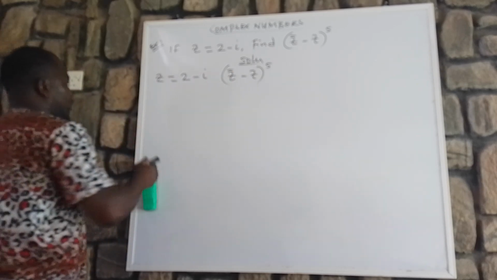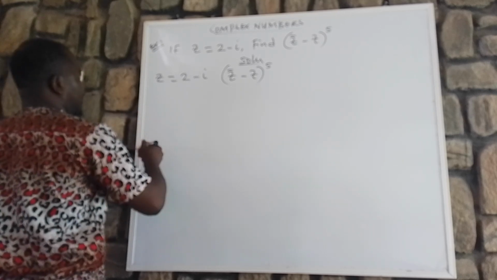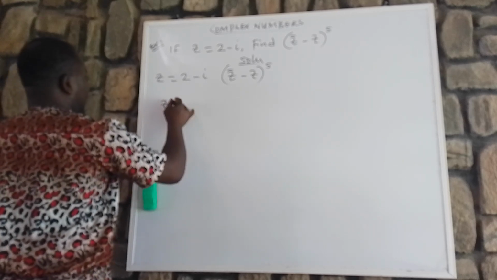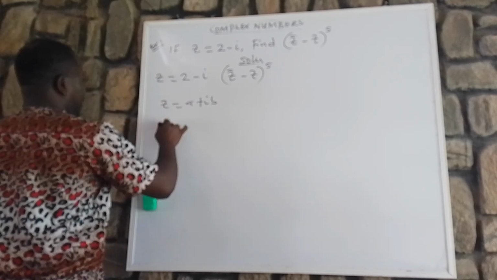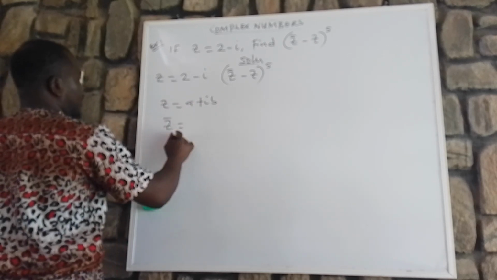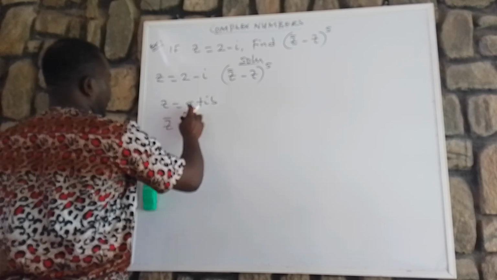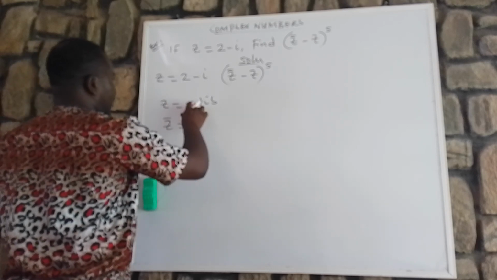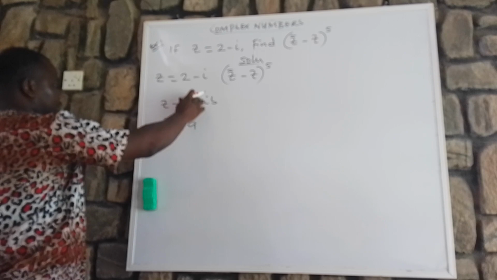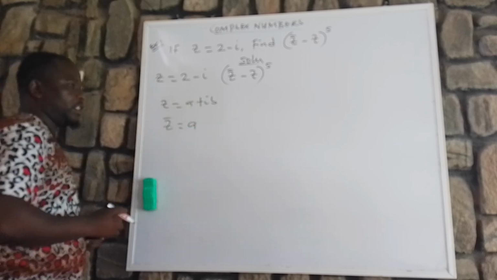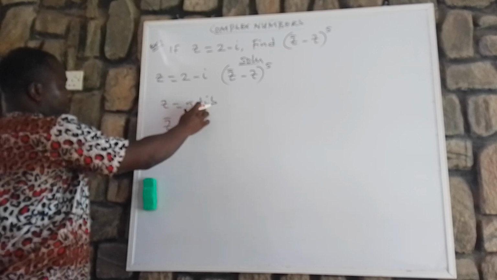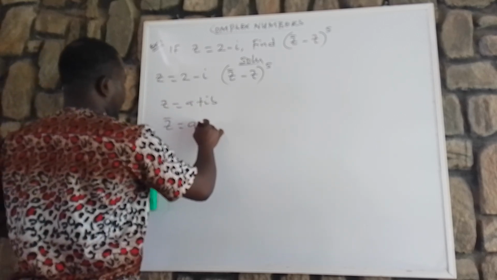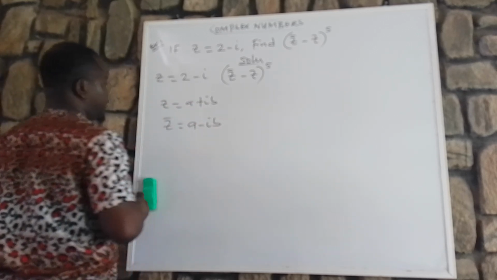When we say z conjugate, if we have a complex number of the form a plus ib, then to find z conjugate, instead of plus we are going to turn it to minus ib.